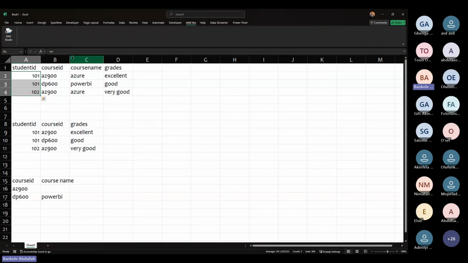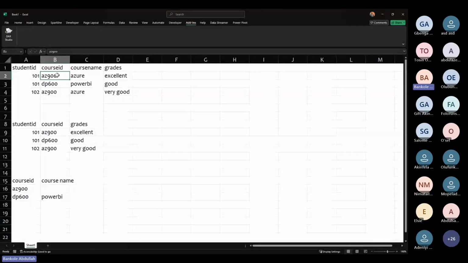A composite key. What does a composite key mean? A composite key is when two primary keys, or sometimes it can be two, sometimes three, come together to become one single primary key. So when we have 101 and we have AZ900, the two of them become one entity.